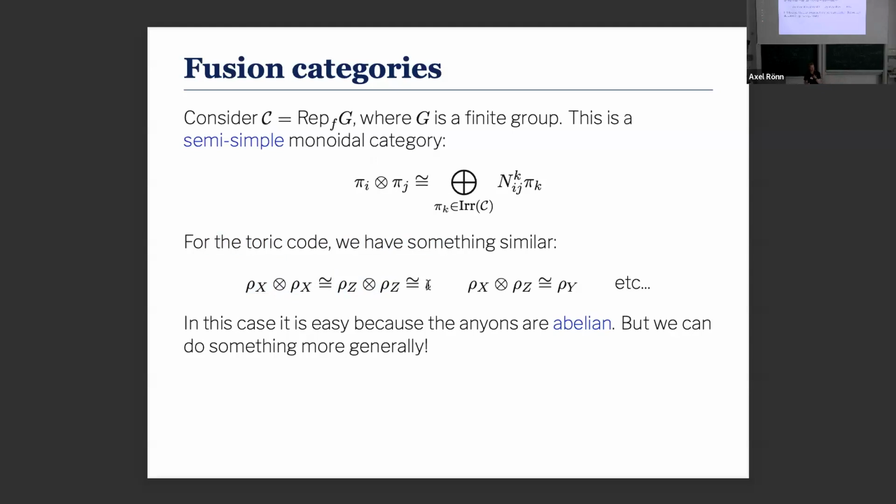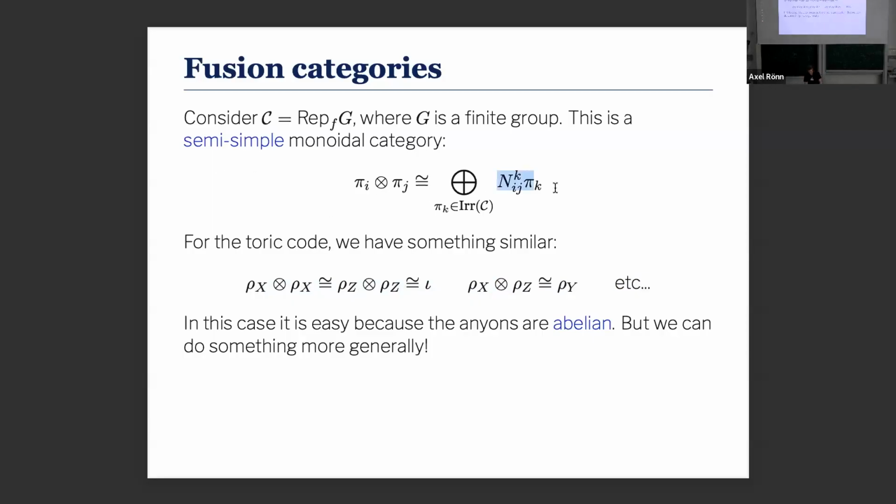And then rho_Y, the electromagnetic one, is the combination of the other two by definition. So in this case, this is a so-called abelian theory, where if you fuse, so this operation is called fusion, two of these anyons, you always get a single one.